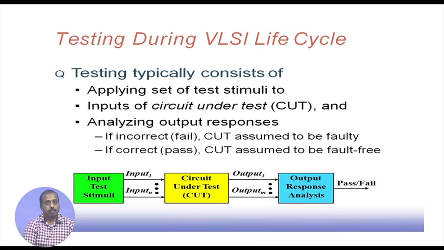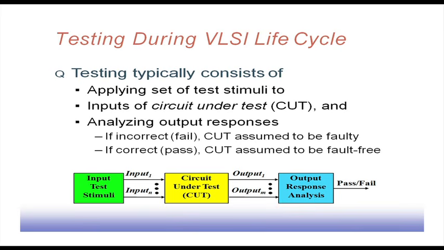This only tells that the types of faults that this set of stimuli could detect were not detected in this system. So this particular testing session will give us this much confidence.